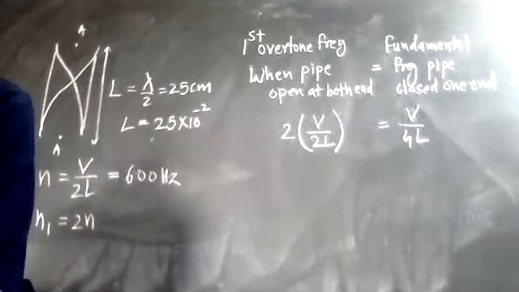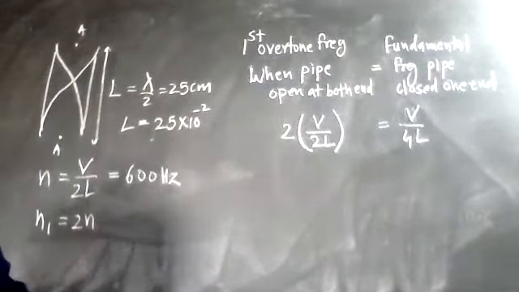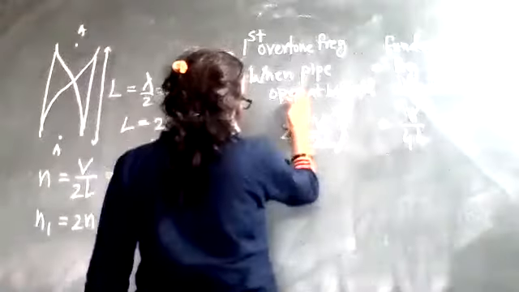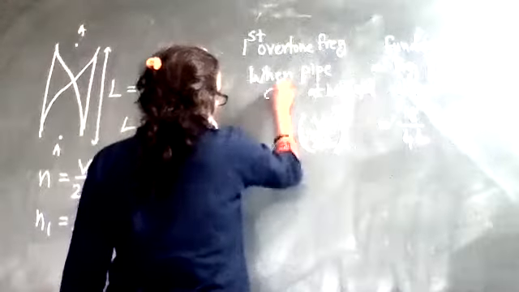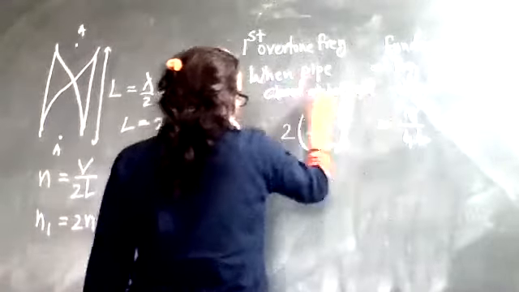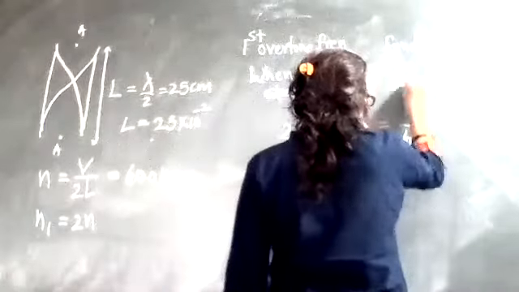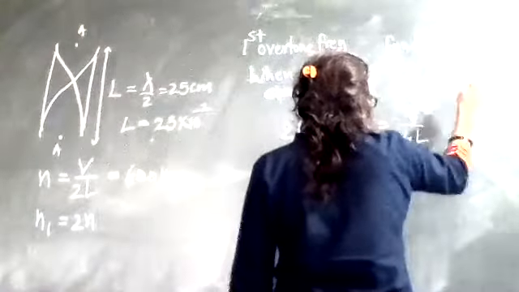So the first overtone of the pipe closed at one end is equal to the fundamental frequency when the pipe is open at both the ends.